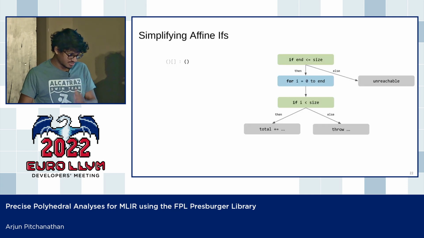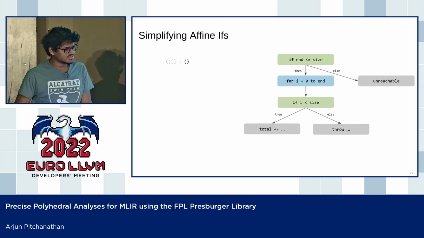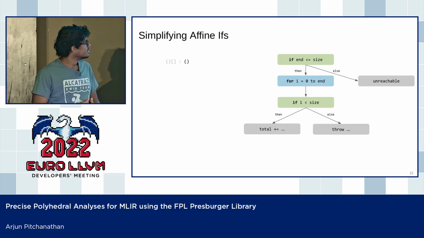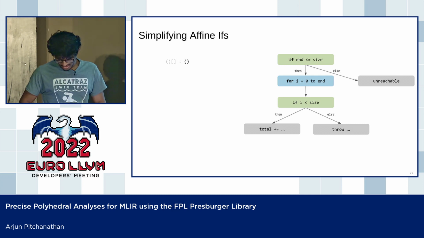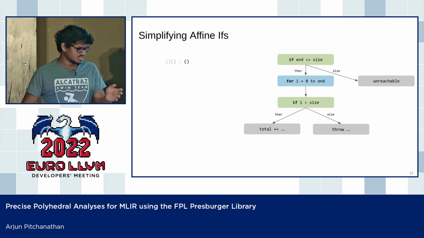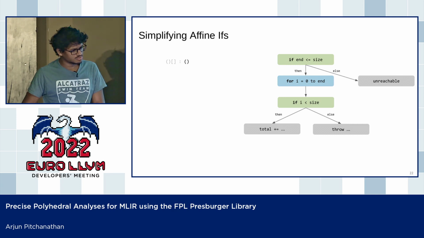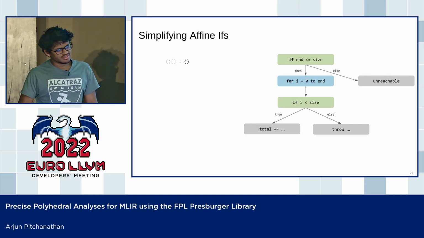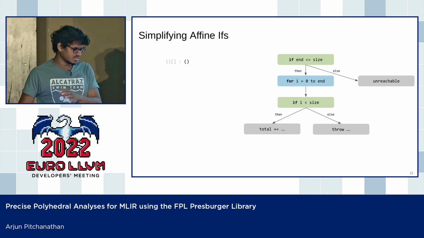Now let's get to what I promised, which is a solution to a problem that was proposed in the previous dev meeting. This is basically an AST that corresponds to the C++ example that I showed you earlier. For convenience, I've written the assert as an if and an unreachable.